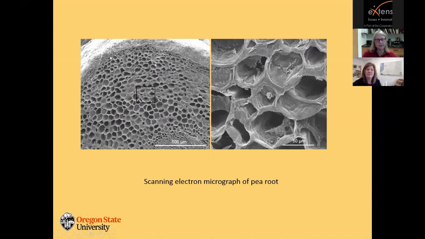So this is the surface of a pea root that has been inoculated, and we were interested in where the bacteria actually were, because they're only supposed to be in the first few cell layers, just a few cell layers deep. But if you look in this little box here, there's a dot right in the middle, and that's what this dot is. And it's an aggregate of cells.